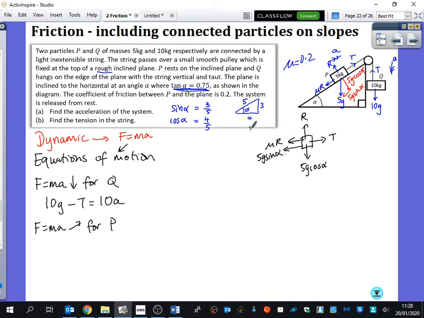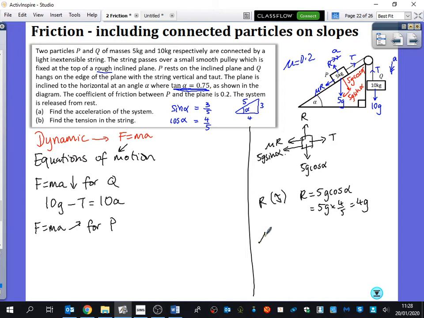I think we perhaps should have looked over at this side for a bit and done our normal thing that we do with friction, where we say, why don't we, for this P particle, resolve in that direction and say that R is 5G cos alpha? What is 5G times cos alpha? 5G times 4 over 5, which is 4G. Don't need the cos alpha anymore. So we just get that R is 4G.